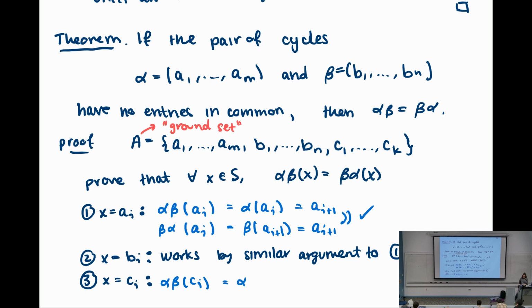So alpha beta of c sub i becomes alpha of c sub i, but then that just is c sub i. And on the flip side, beta alpha of c sub i: alpha does nothing to c sub i, so this is beta of c sub i. But then beta does nothing to c sub i, so this is c sub i again. And that would finish the proof.